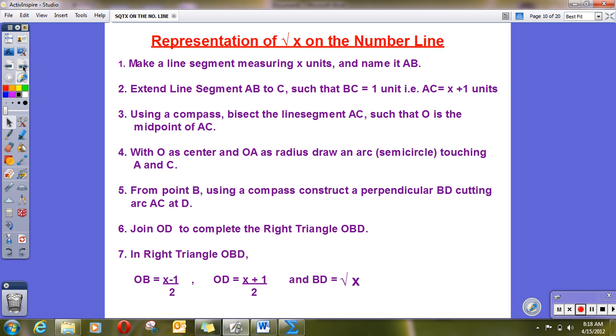We will find that in right triangle OBD, OB is (x minus 1)/2, OD is equal to (x plus 1)/2, and BD is root x. We'll find this out later and calculate the same too.